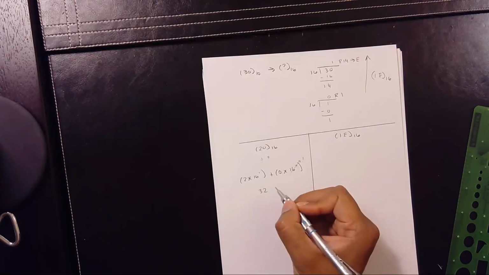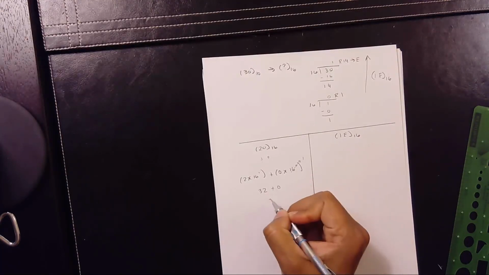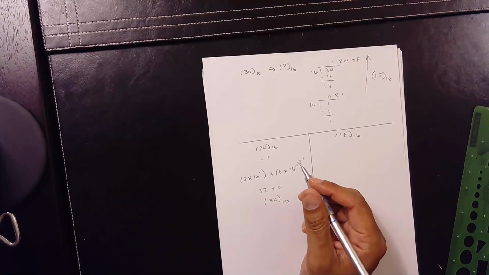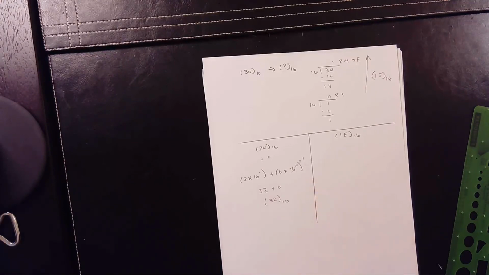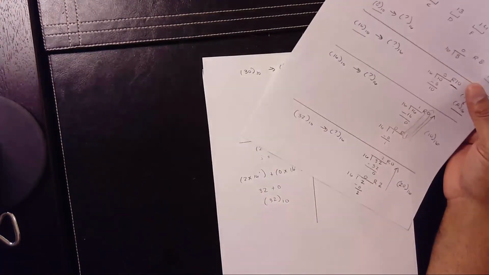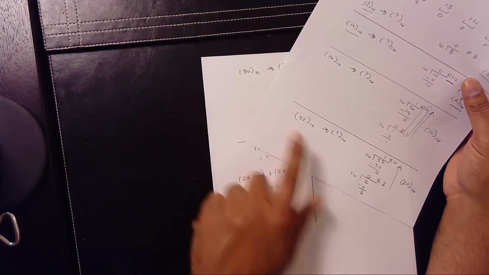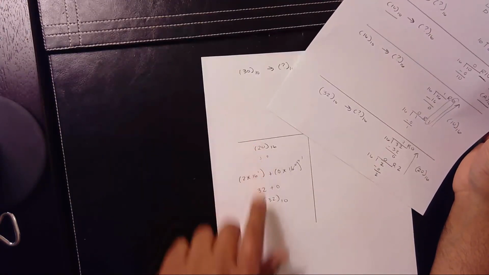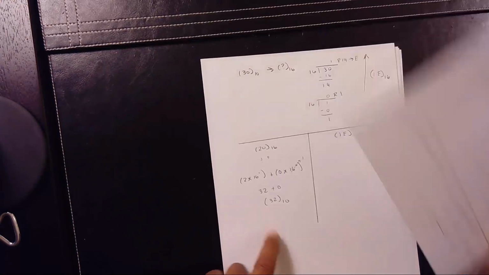So 0 times 1 is 0, and we answer with 32 base 10, which was our original answer. 32 base 10 converted to 20 base 16. Our 20 base 16 converts back to 32 base 10.